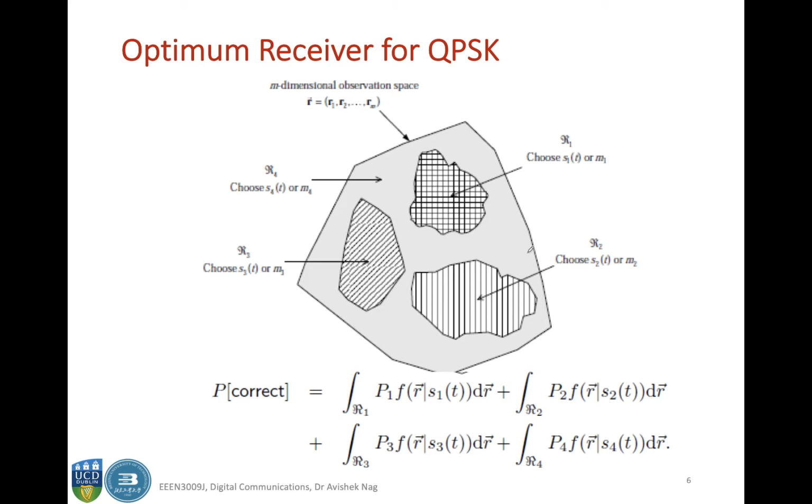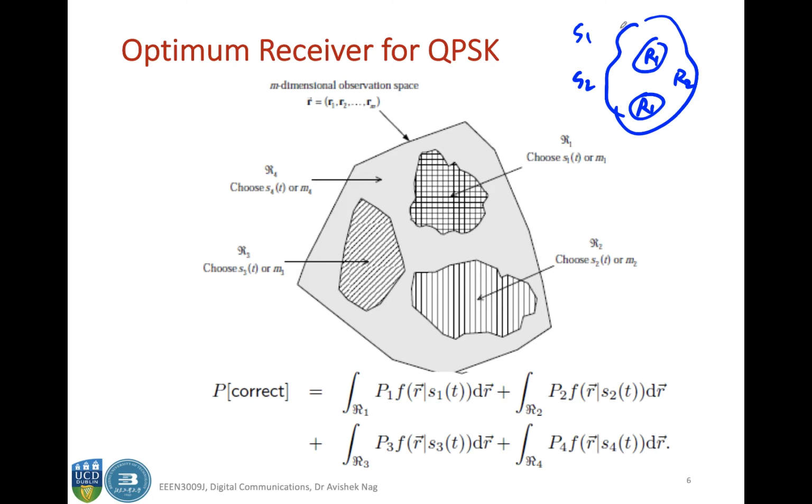Okay, so we will analyze this similarly to the binary scenario. In the binary case, if you recall, we divided the observation space into 2 regions: this was your R1, and whatever was outside was R2, and you had 2 signals, S1 and S2, which were transmitted.